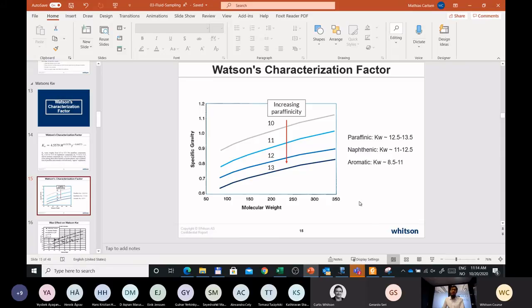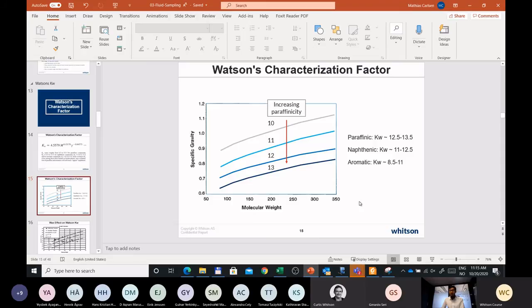Generally, as I said, we have this data from Katz-Firoozabadi, measured for example for paraffinic fluids, and we have different correlations. If we don't have data, we generally just have to live with that. But if you have very aromatic fluids, I don't know that there is any good measured data, like Katz-Firoozabadi, where we have the molecular weight and density measured on a wide span of molecular weights of the components.